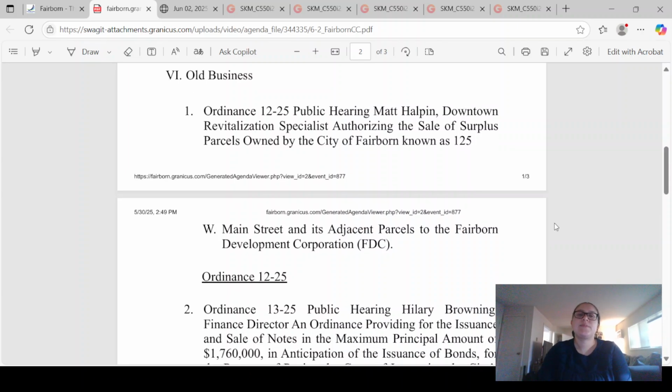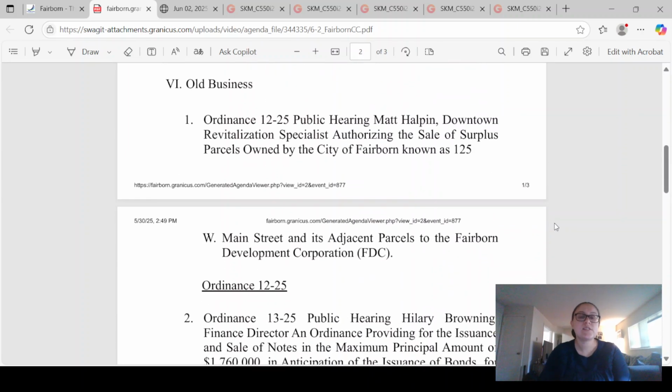So that's nice. And so when you see old business, that means it's already had a reading. So the law states that council has to read something for a minimum of 3 times.